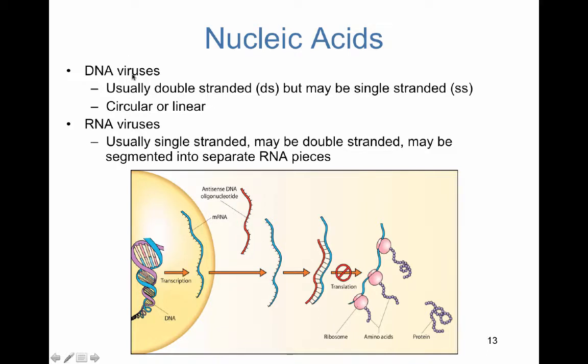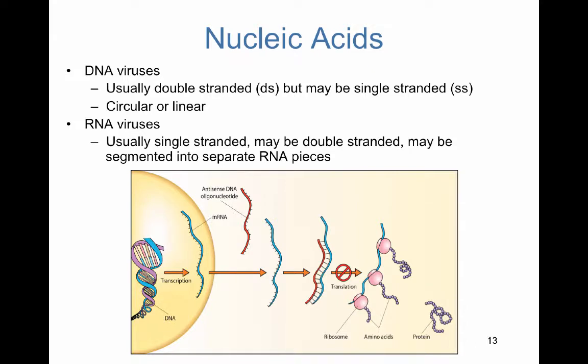The majority of DNA viruses are what we call DS, meaning double-stranded. But there is an exception where they may be single-stranded. The single-stranded DNA viruses are the parvoviruses. RNA viruses are usually single-stranded, but they may be double-stranded.